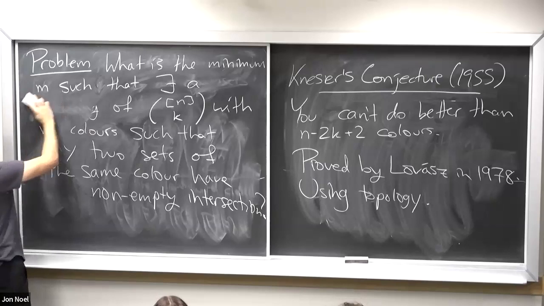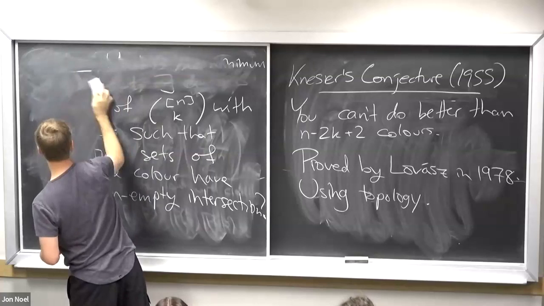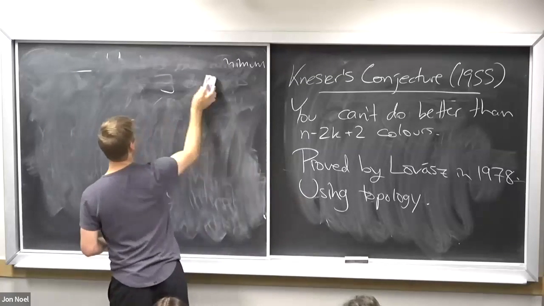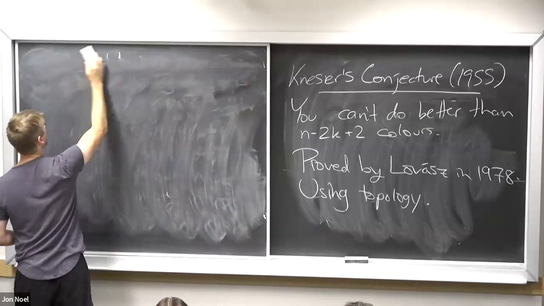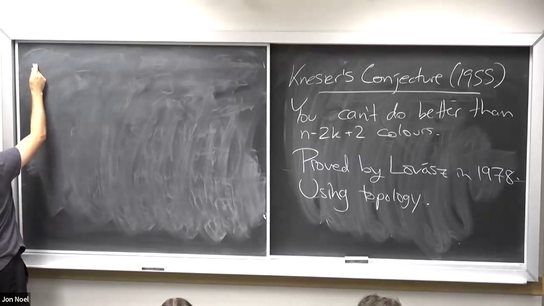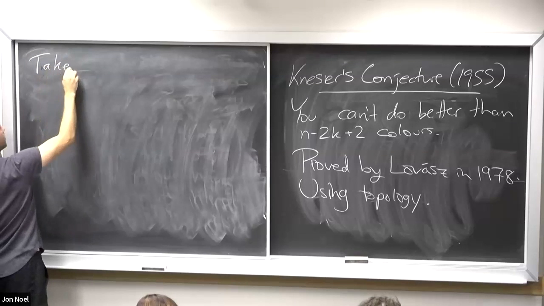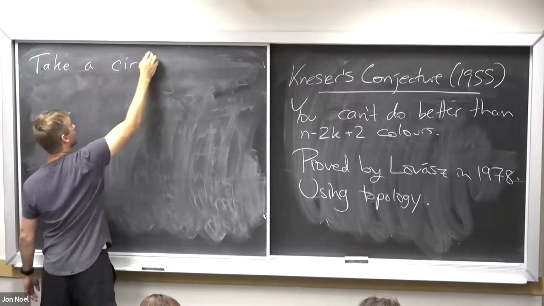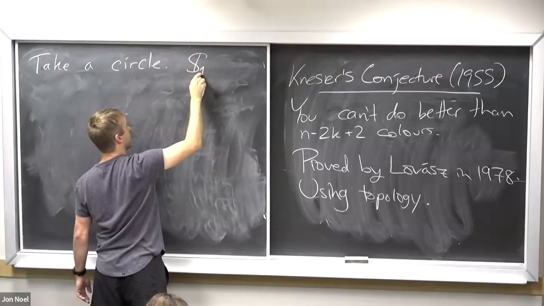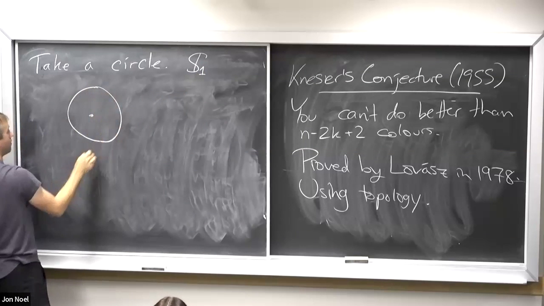So here's the idea that it's based on. Okay, we'll take a circle, S1, the set of points at distance 1 from the origin.